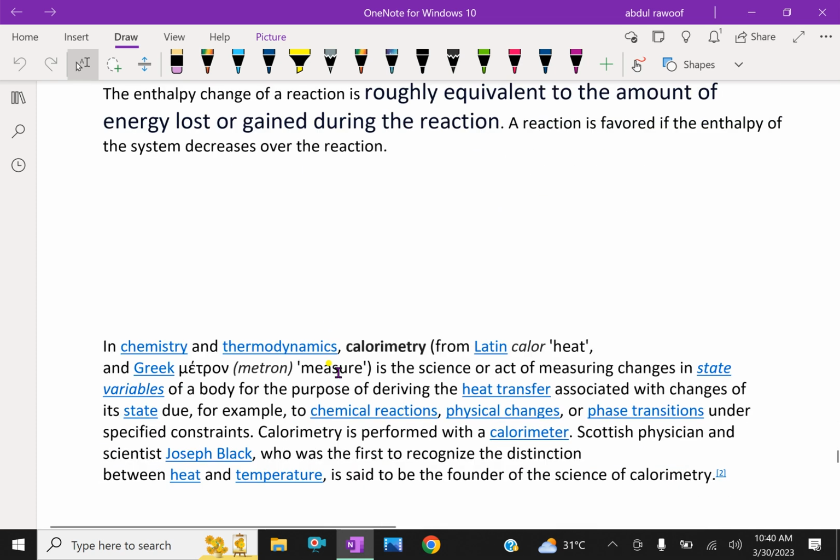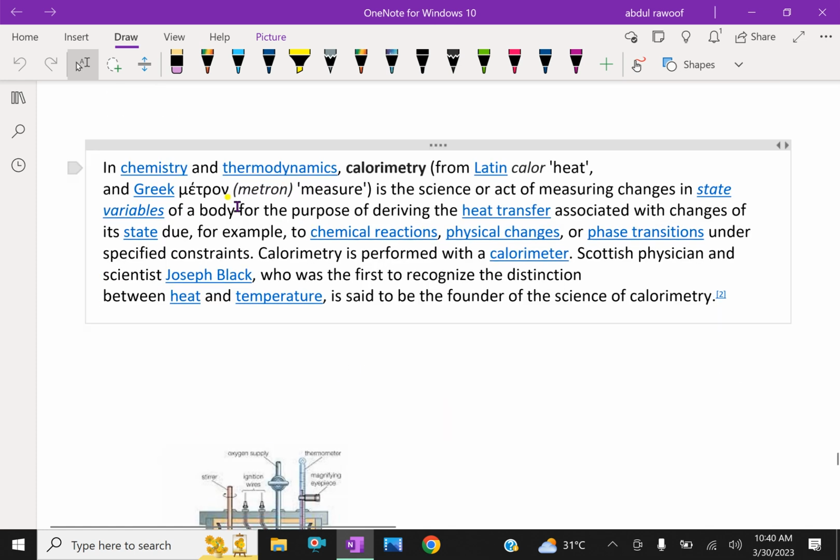Next, in chemistry, thermodynamics calorimetry, that apparatus, is very useful. This is the science, the chemistry in thermodynamics.